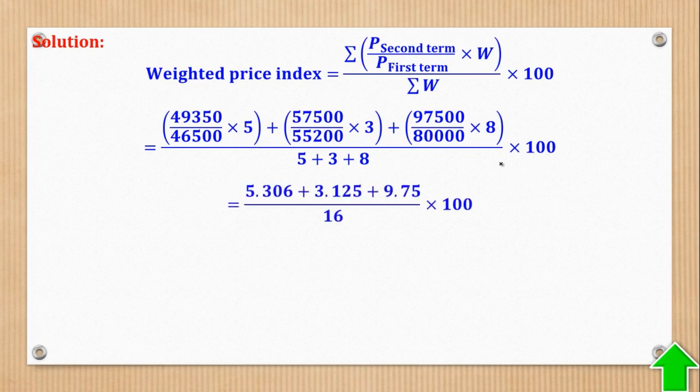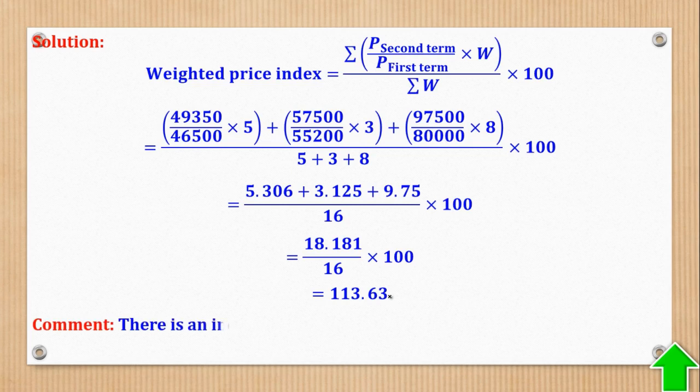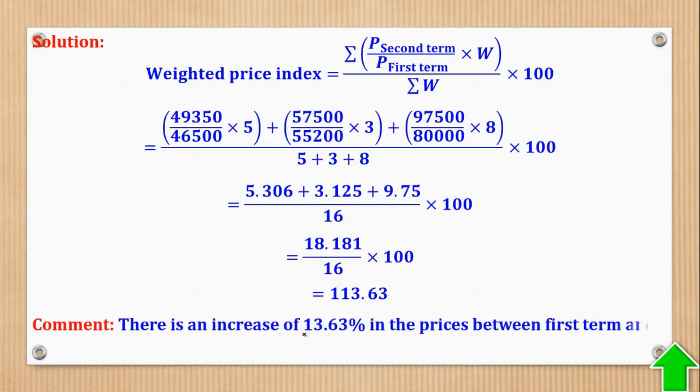You have to remember to multiply by 100, then simplify to give you this, simplify further, and then use a calculator to come up with this which they wanted. But they also wanted a comment, so the difference is 13.63, therefore the comment would be there is an increase of 13.63% in the prices between first term and second term.